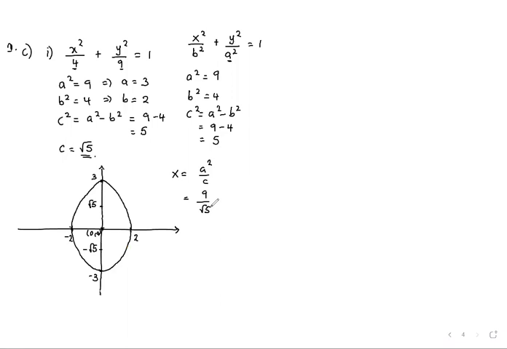So if you had to sketch this directrix, the positive one, it has to be up here, somewhere here.